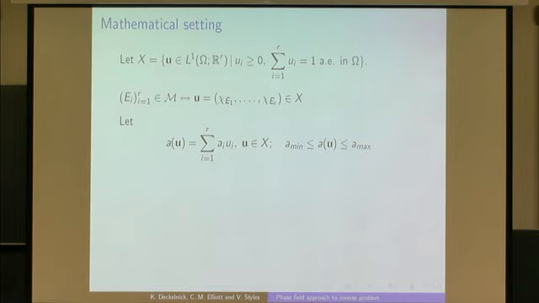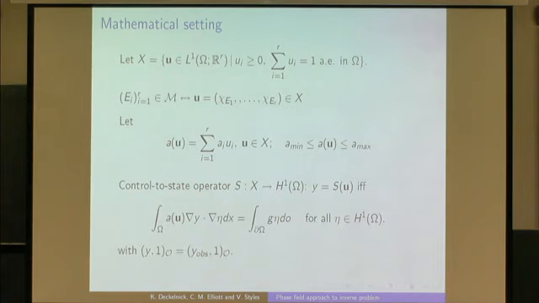So in this sense, they are disjoint. And now you take as diffusion coefficient A of u just this sum. It's a linear function in u, the sum of a_i u_i, and this is bounded from below and above. A min is the minimum of these constants a_1 up to a_r, and A max the maximum. So if you happen to have such an element here, then if you restrict it to E_1, for example, and put it in here, then you get a_1. So you get back the definition of the diffusion coefficient which I gave on the previous slide.